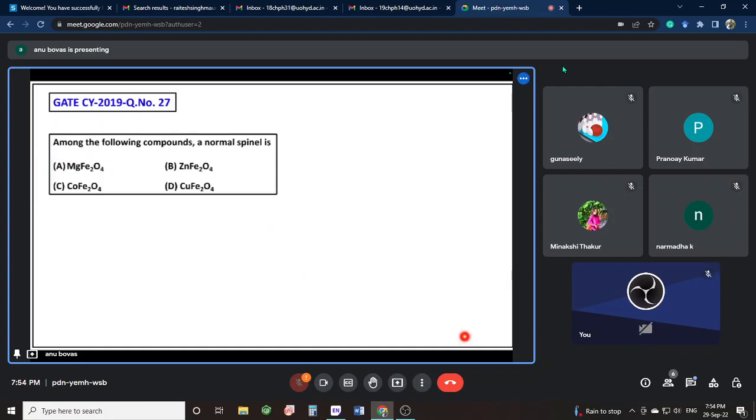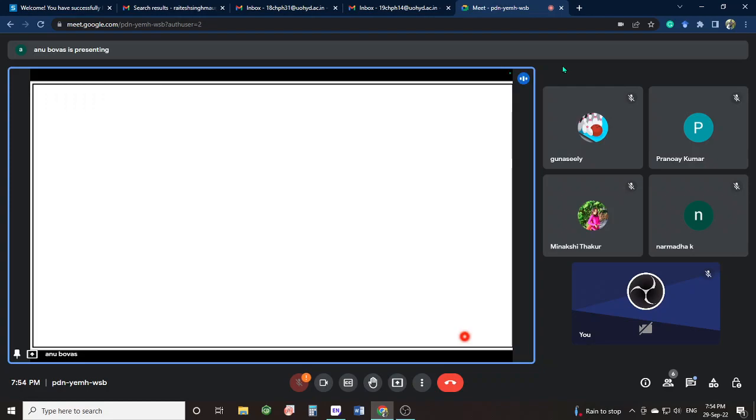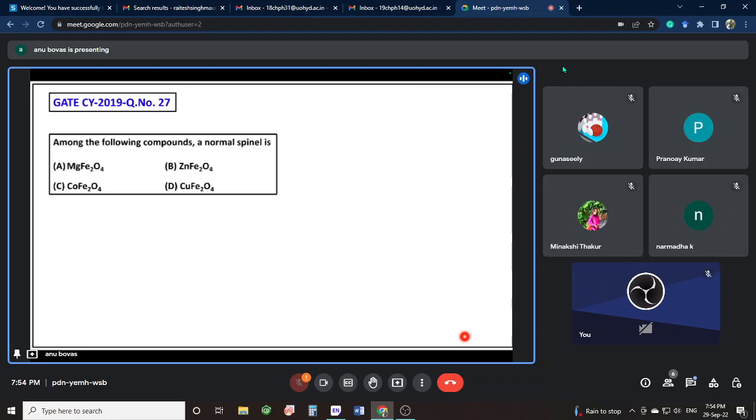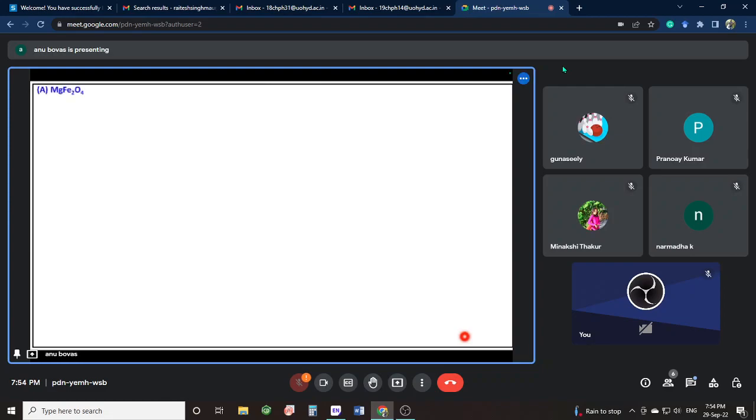One more question we will do of normal spinel, and I hope that you guys can answer so that I'll know that you guys are understanding what is taught here. So in this we have to find out which one is a normal spinel. So MgFe2O4. Mg is a non-transition metal. CFSE is 0.